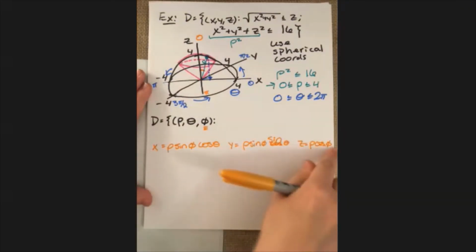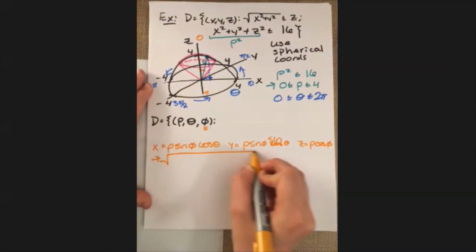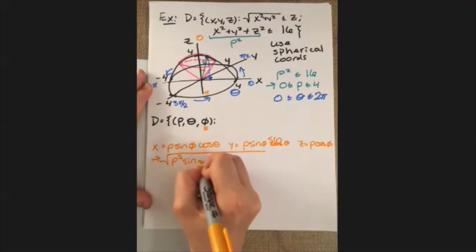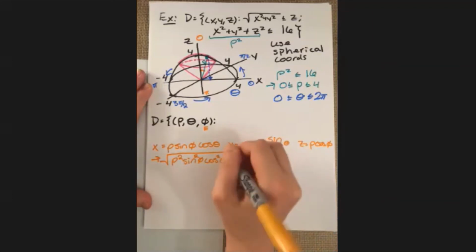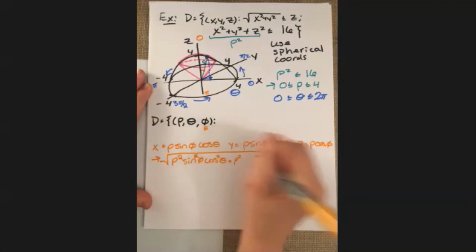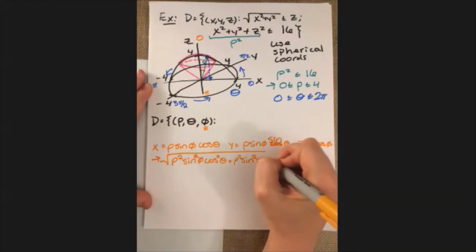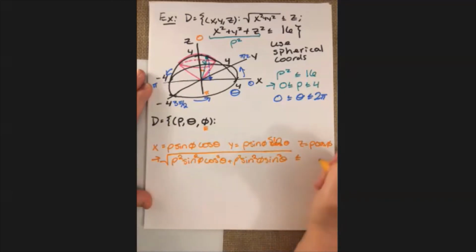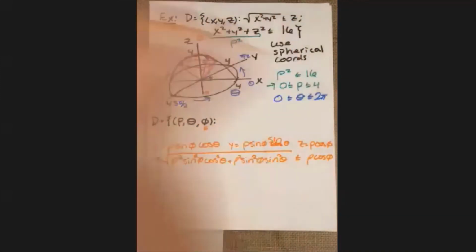And we can put all of this information into here. So this means that the square root of rho squared sine squared phi cosine squared theta plus rho squared sine squared phi sine squared theta has to be less than or equal to rho cosine of phi. So I just took my identities for x, y, and z and substituted them into this.